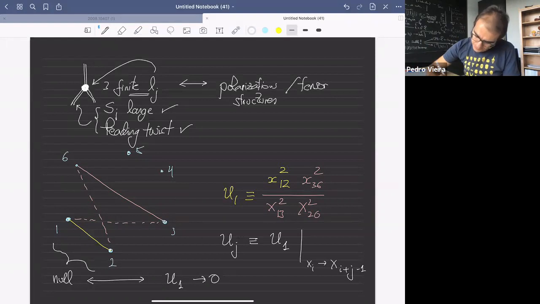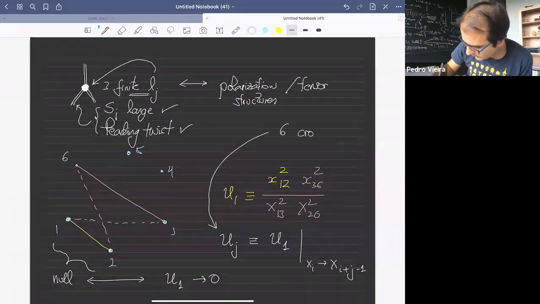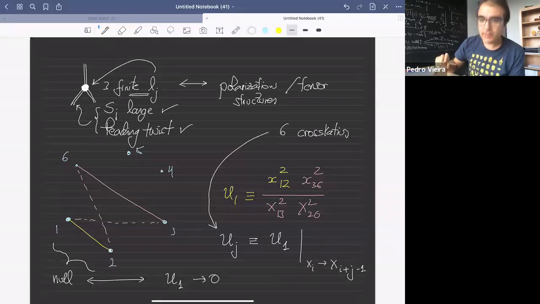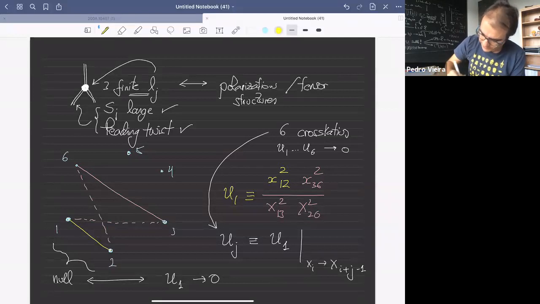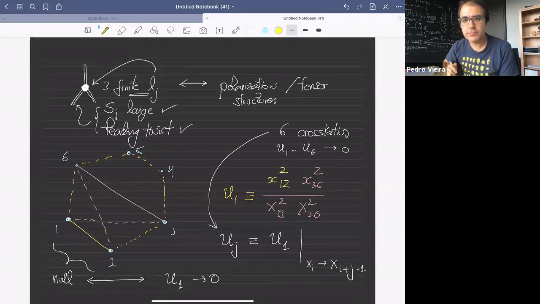So in this way, we get in total 6 cross ratios, U1 up to U6, and all of them go to 0. U1 goes to 0, this becomes null. U2 goes to 0, this becomes null. U3 to 0, this becomes null. U4 to 0, this becomes null, and so on. So now all of them become 0.